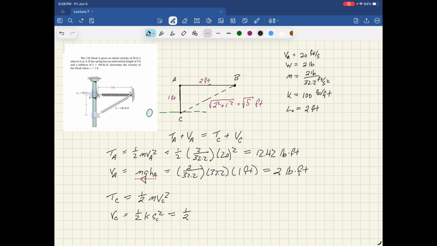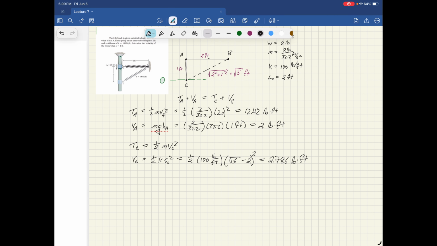So 1/2, k will be 100 pounds per foot, and s_C is going to be the square root of 5, the length minus the unstretched length, which is 2, and that is going to be squared. And that works out to being 2.786 pound-feet.